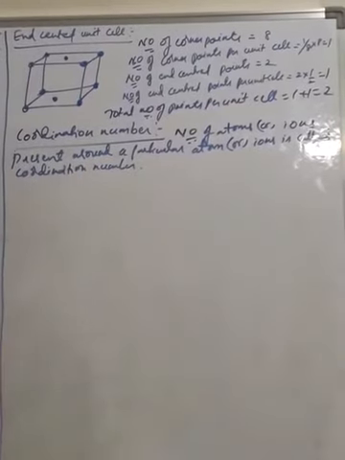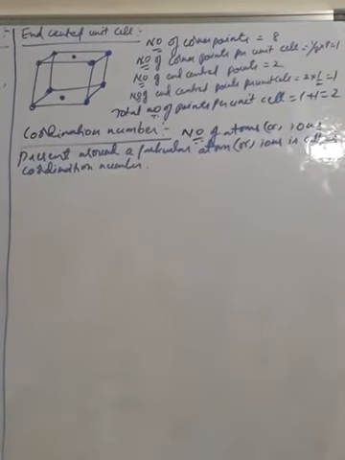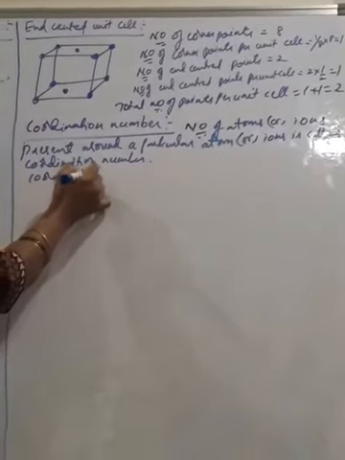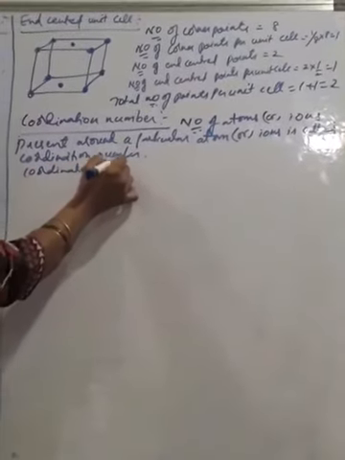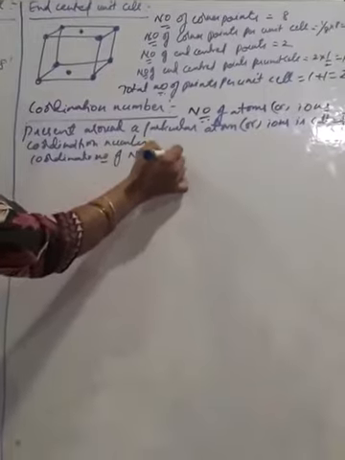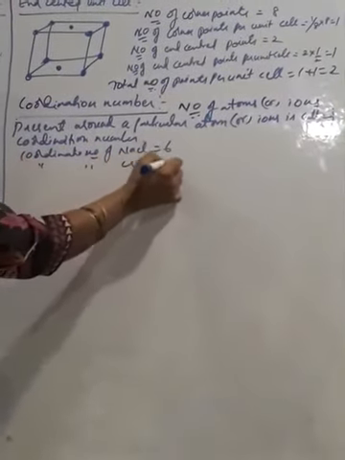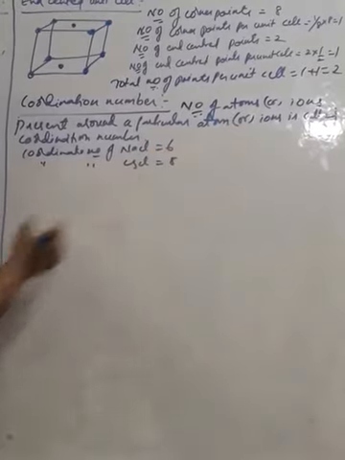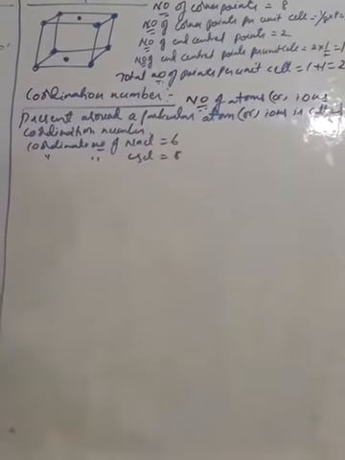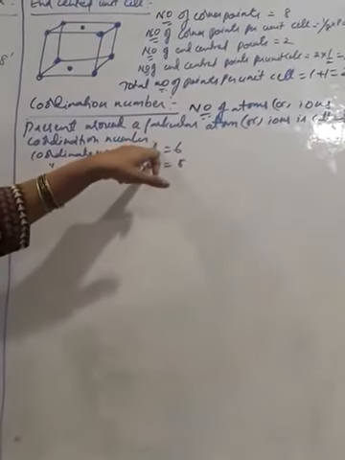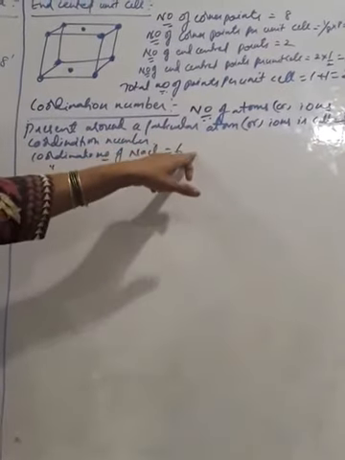For example, the coordination number of NaCl is 6. The coordination number of cesium chloride is 8. For NaCl, each sodium ion gets surrounded by 6 chloride ions, so 6.